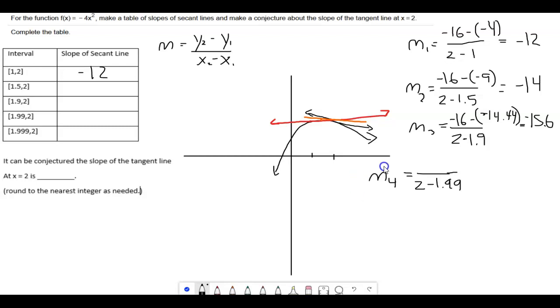On the top, 2 goes with negative 16 minus the negative 1.99, which goes with negative 15.84, when we plug in that 1.99. Then you should get something around negative 15.96.